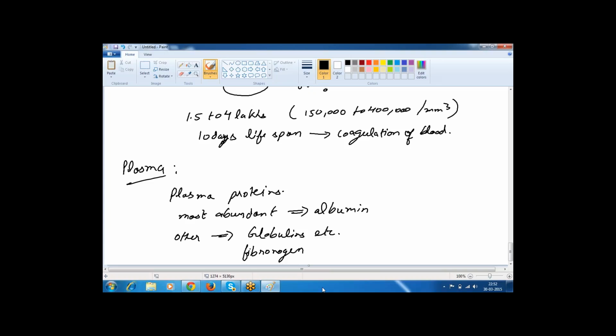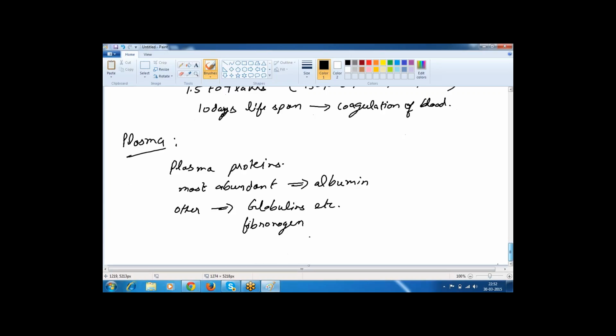Then you must know that hemopoiesis process, hemopoiesis means formation of blood. That takes place in bone marrow, and the worn out old blood cells or abnormal blood cells, they're removed by the spleen.